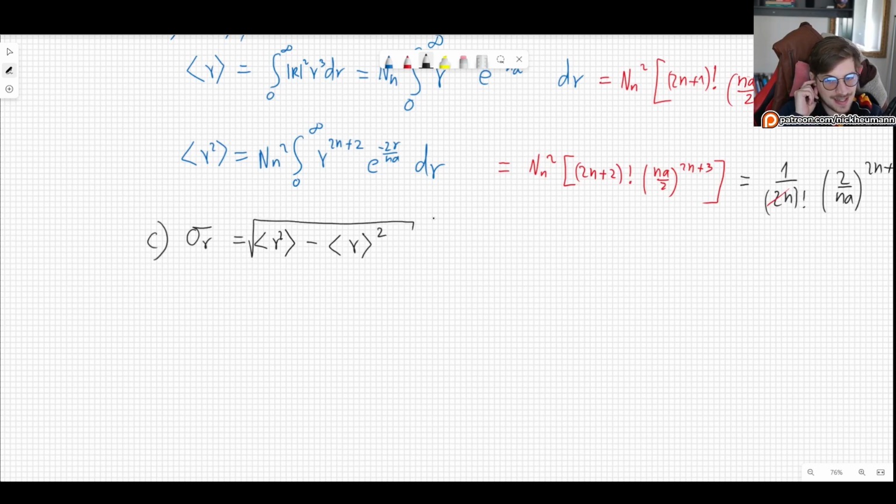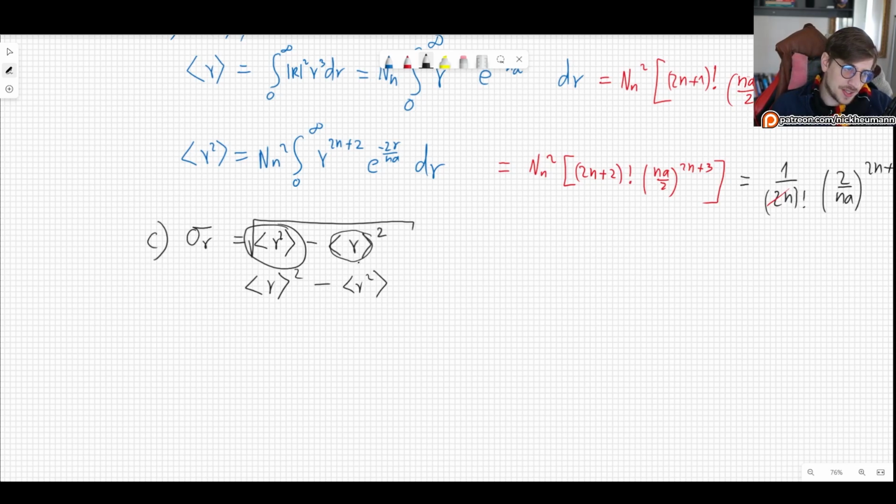And here we have to keep in mind something. Sometimes you forget, it's like, oh, what comes first? Is this the expectation value of r squared minus the expectation value of r squared? Which one is it? Now, this one is not 0. Sometimes you can get that the expectation value of r is 0.